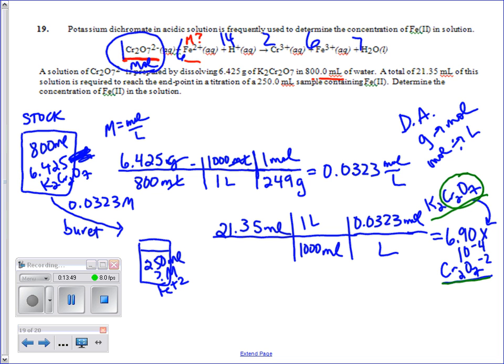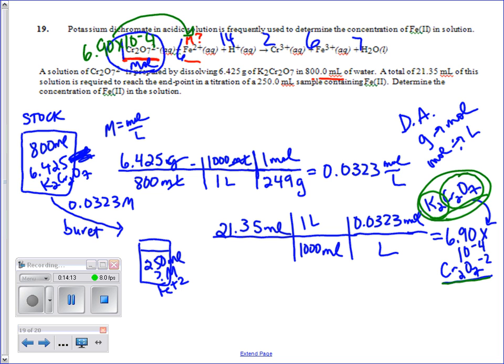Had this been a potassium concentration we were looking for, we would have had to multiply it by 2 because for every 1 of these, there are 2 of those. But we're good to go in this case since there's 1 dichromate in every potassium dichromate. All right, now we have moles of this to be 6.90 times 10 to the negative 4th.